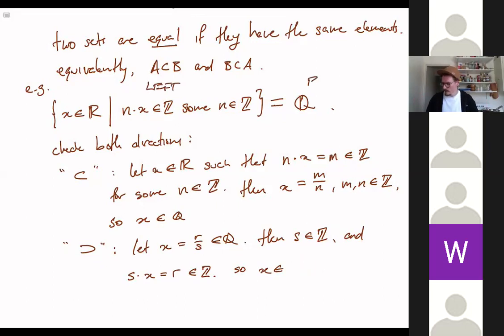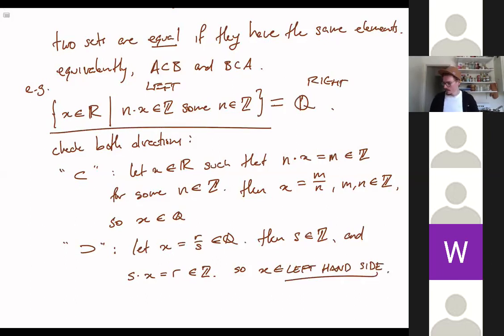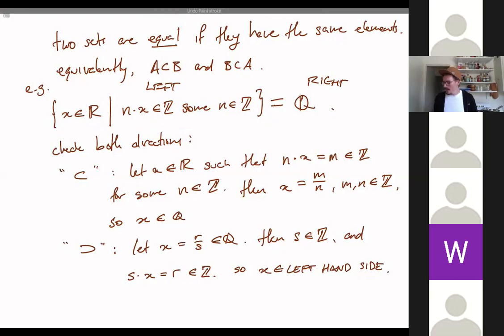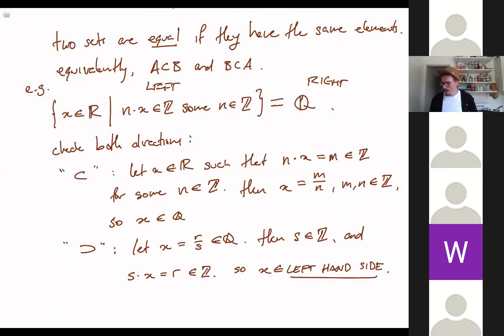This is right. x is an element of the left-hand side. I'm just writing this to not have to rewrite all of that notation. But what am I saying? I'm saying x is an element of this set, which means x is a real number satisfying this property. And do we know that?